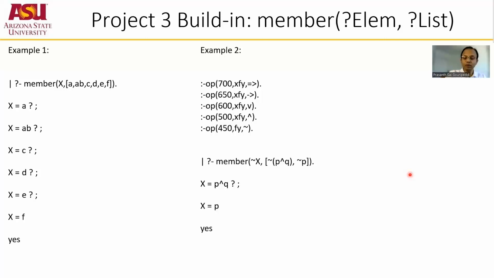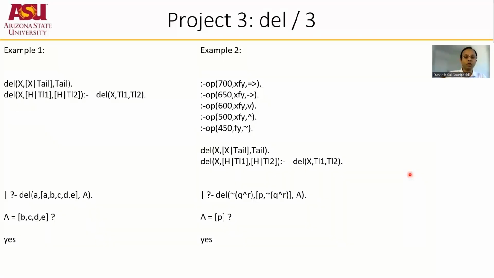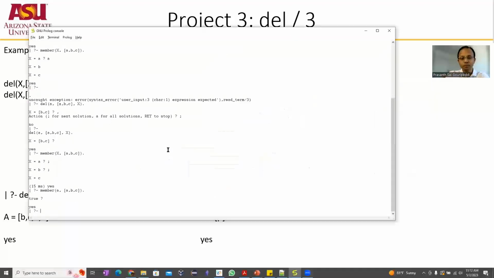The second such function which we need to know is the delete function. Given a list and a value, it deletes the value from the list and provides us the rest of the list. So here you have X, X tail, X given tail, and it takes out X from the list and gives the remaining list in the tail. Let's again see how this works.